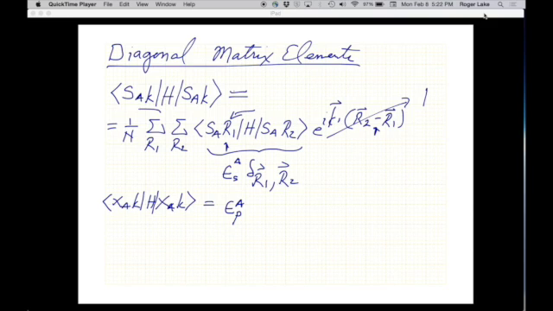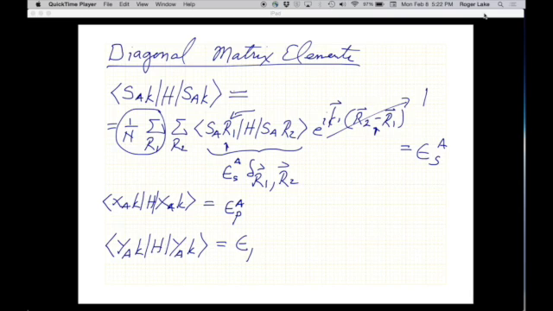And then the sum over R1 just kills off the 1 over N. So finally, the whole thing is just epsilon s A. A p x would be epsilon p A, and the important thing is that if I do it for, say, the p y orbital, that's also epsilon p A, because all the p orbitals have the same on-site energy. Just because it's p x, p y, or p z, they all have the same on-site energy the way we set this up.